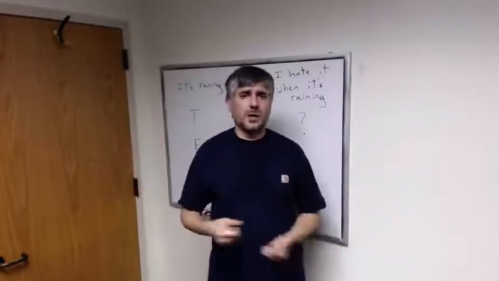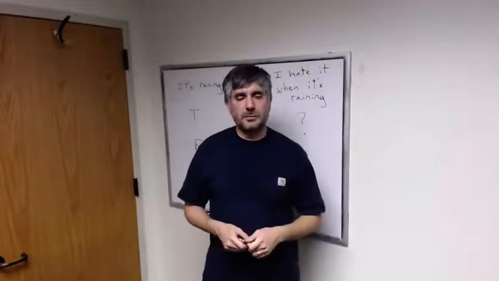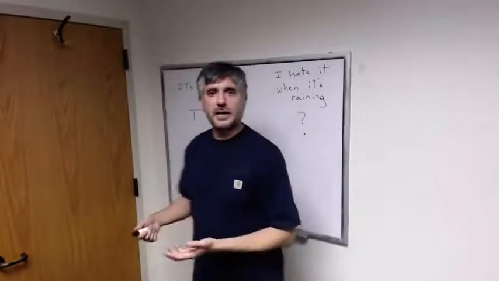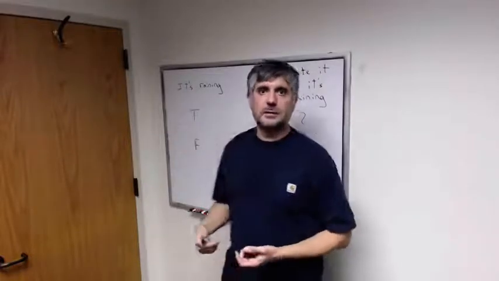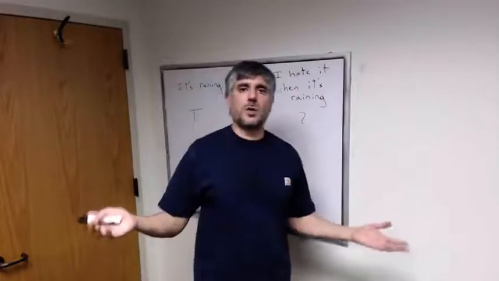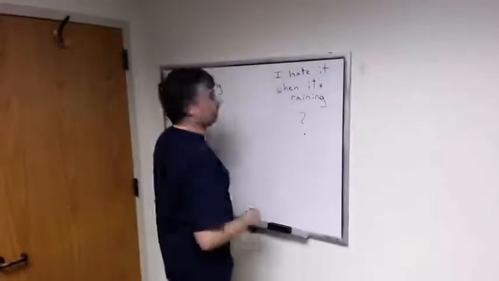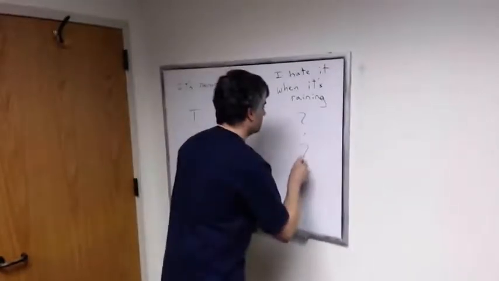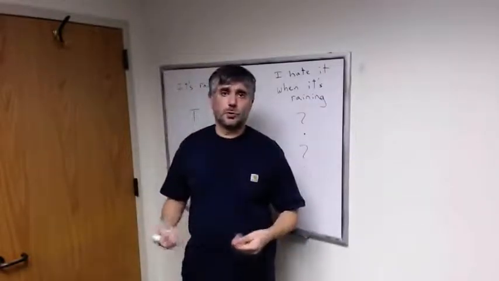Again, could be either one. The truth of I hate it when it's raining isn't determined by the falsehood of it's raining. So even if it's not raining, that doesn't mean anything one way or the other for whether I hate it when it's raining. So once again, if it's false that it's raining, I hate it when it's raining could be true or could be false.